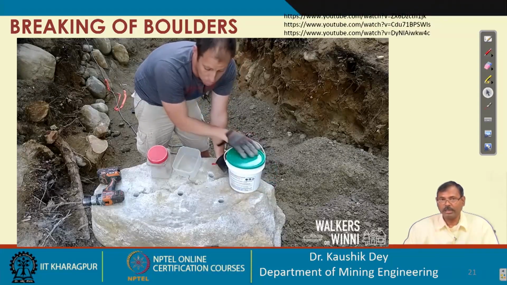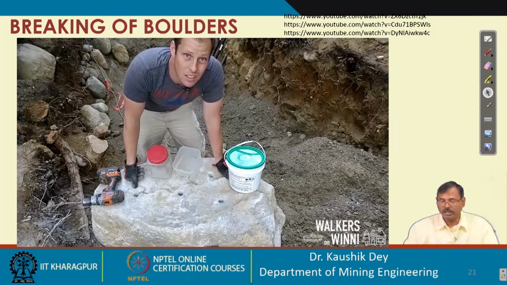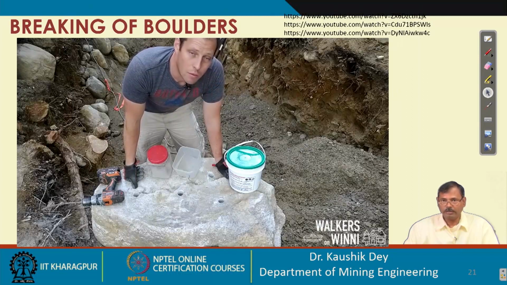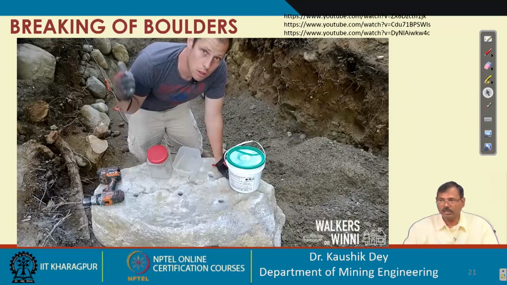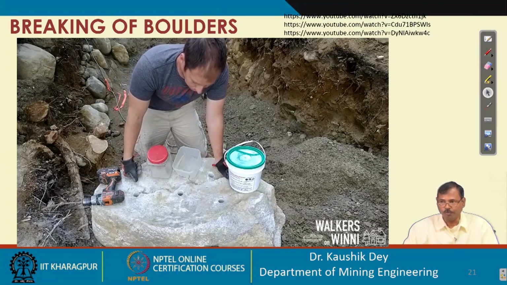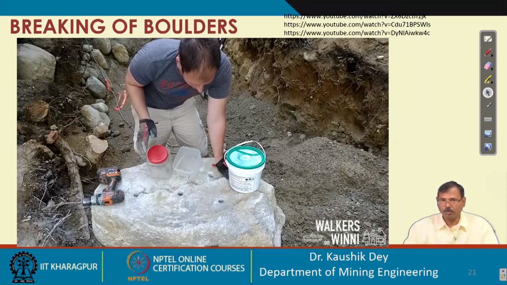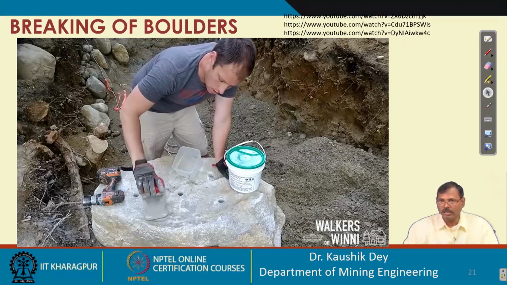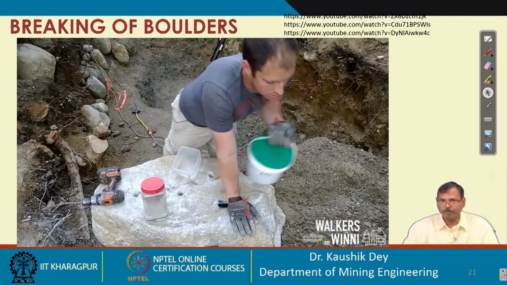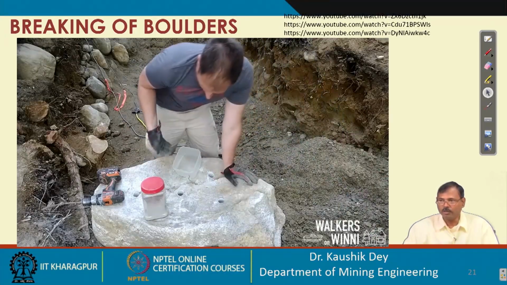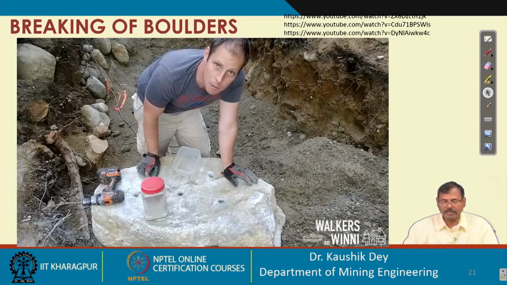These cements have the property that, when mixed with water and placed in the hole, they expand in volume during curing. As it expands, if you seal the hole, it tries to increase the pressure laterally along the hole, and the rock breaks under that pressure.